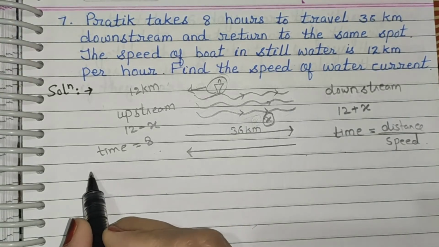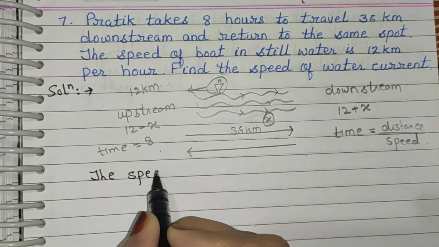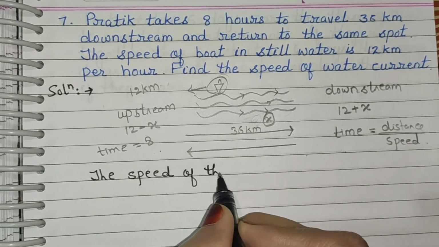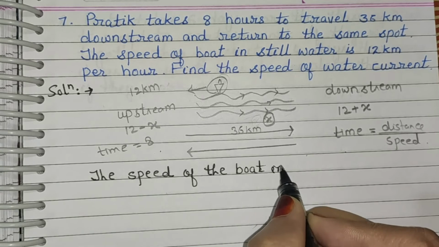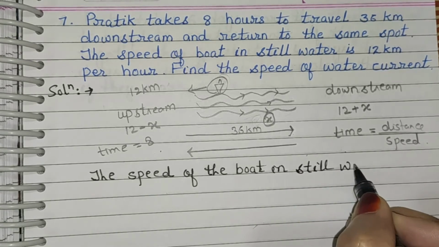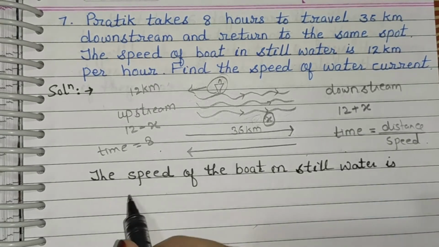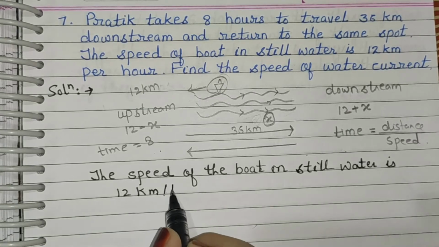The speed of boat in still water is 12 km per hour.